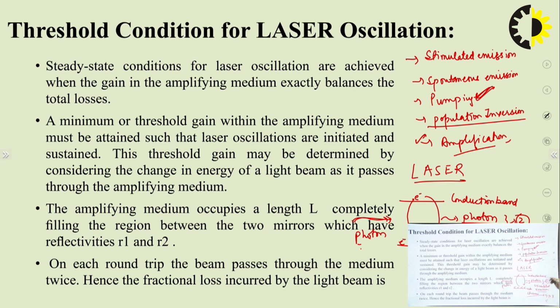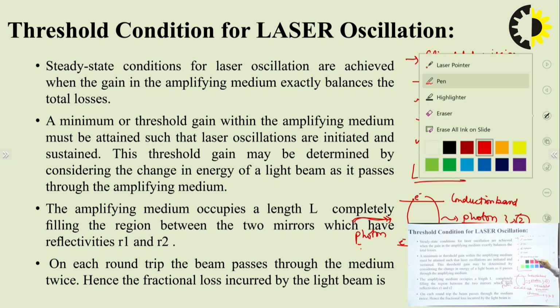This amplification can also be achieved when these photons are captured inside the cavity, and these 4 photons will further induce the electrons and produce 8. So we have to capture these photons to get the amplification.